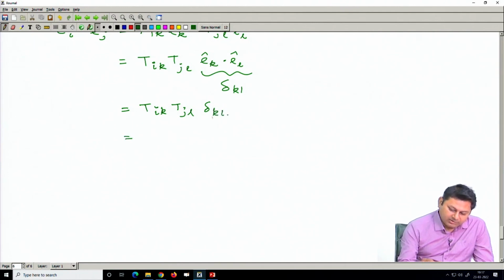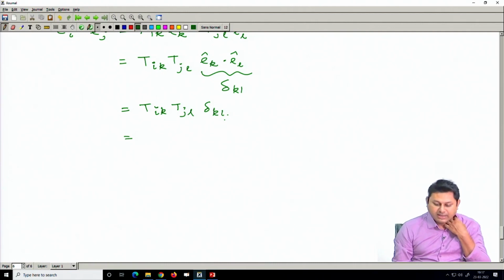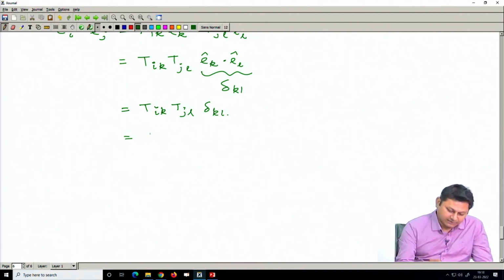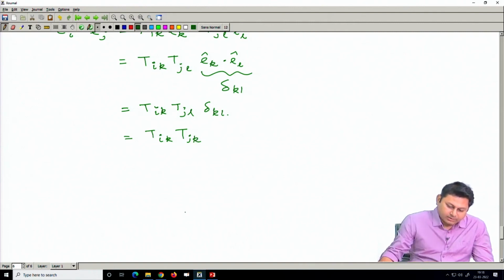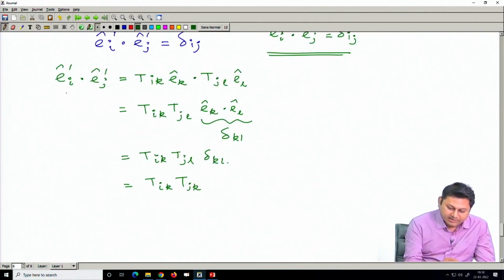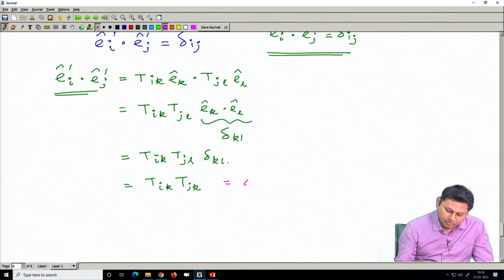It will be 0 if k and l are different. Only when k and l are the same can I have this. So I can simply write T_ik T_jk. Mind it, I started with this quantity, so that is already equivalent to delta_ij.